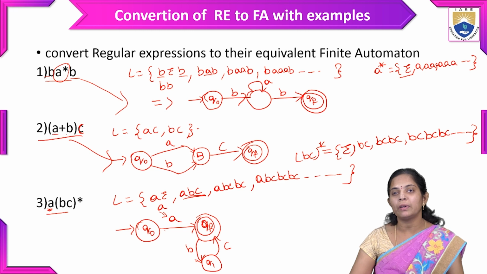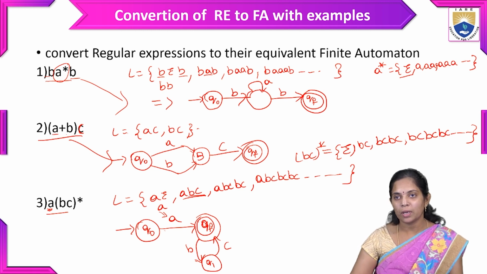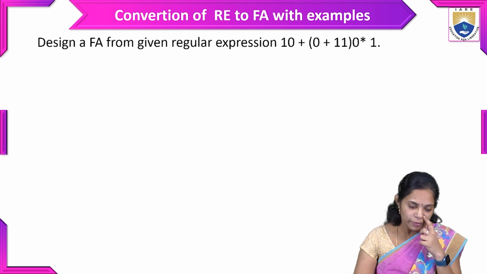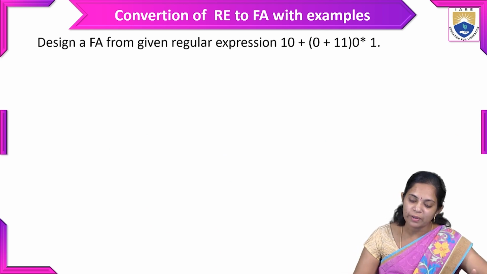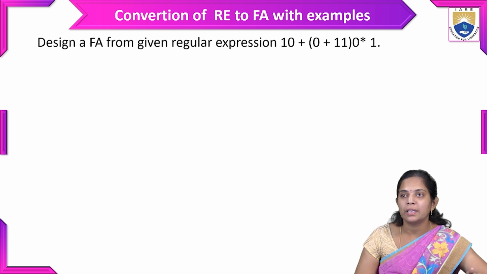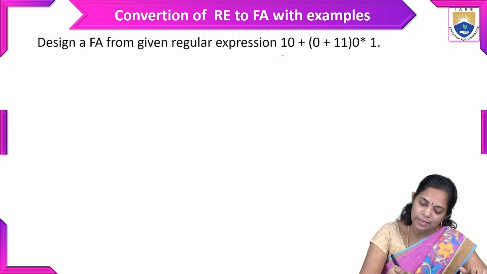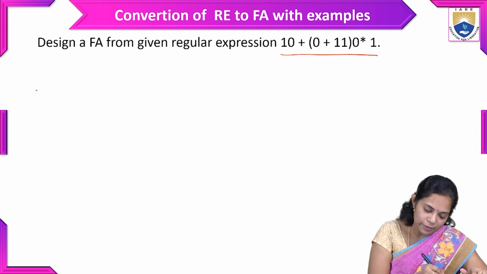So this is how we have to form the finite automata from the given regular expression. And here we will convert the regular expression to a finite automata with the regular expression we have taken as an example. So let's take this example, and we will do it in steps.